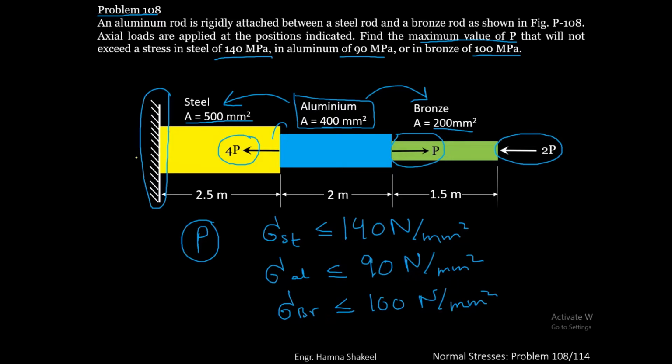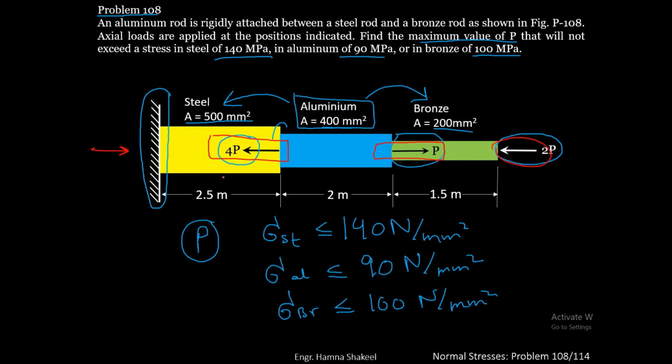Let's first analyze this rod globally, and then we are going to analyze each of the sections individually. We need to find the reaction of the applied forces on this rod. For that, first we are going to see what the actions are. So here you have got 4P force, here you have got P force, and here you have got 2P force.